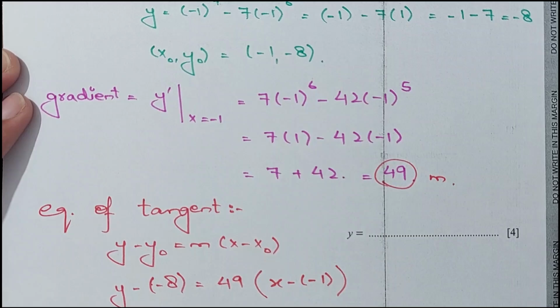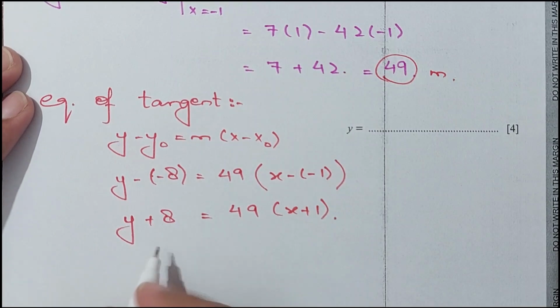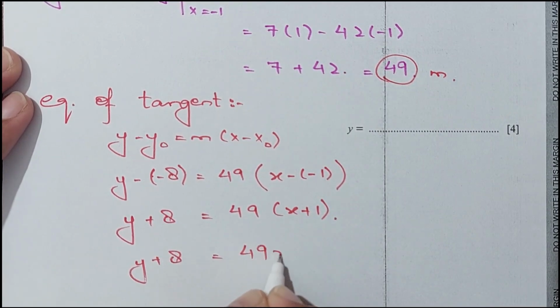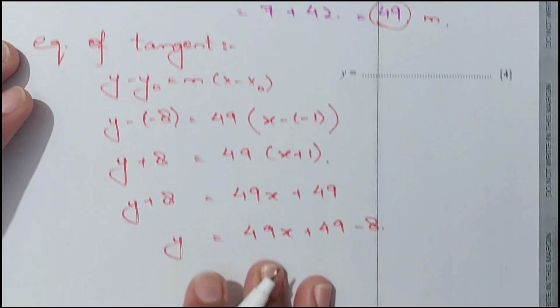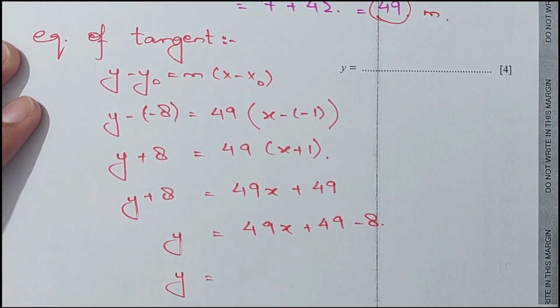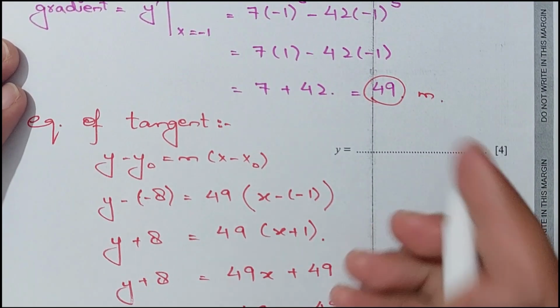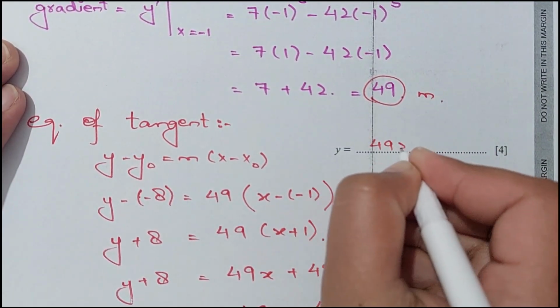This is y plus 8 equals 49 times x plus 1. Converted into y equals mx plus c form: y plus 8 equals 49x plus 49. y would be equal to 49x plus 49 minus 8, and y is equal to 49x plus 41. So this is the equation in the form of mx plus c.